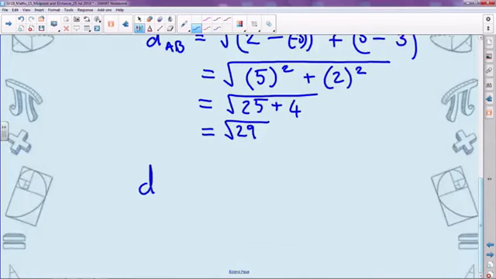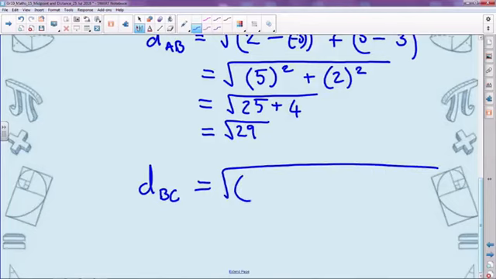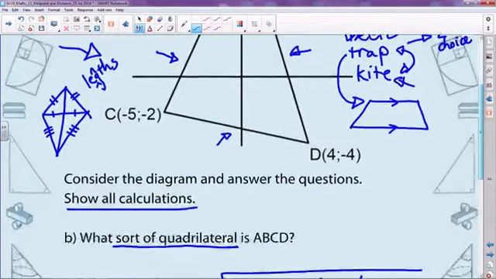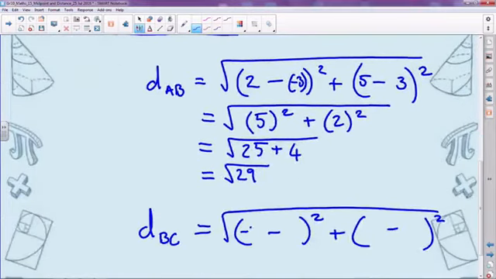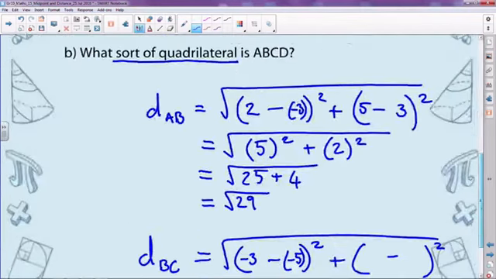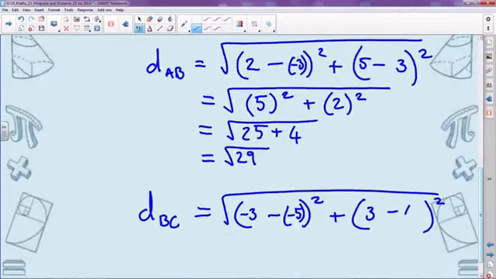And let's do the distance of BC and see what that is. Set up my formula. Yes, these are all my tricks to get it done faster. Set it all up, then I only have to fill in the numbers. It's going to be negative 3 and negative 5, and then the other coordinates are 3 and negative 2. Yes, you can use your calculator.